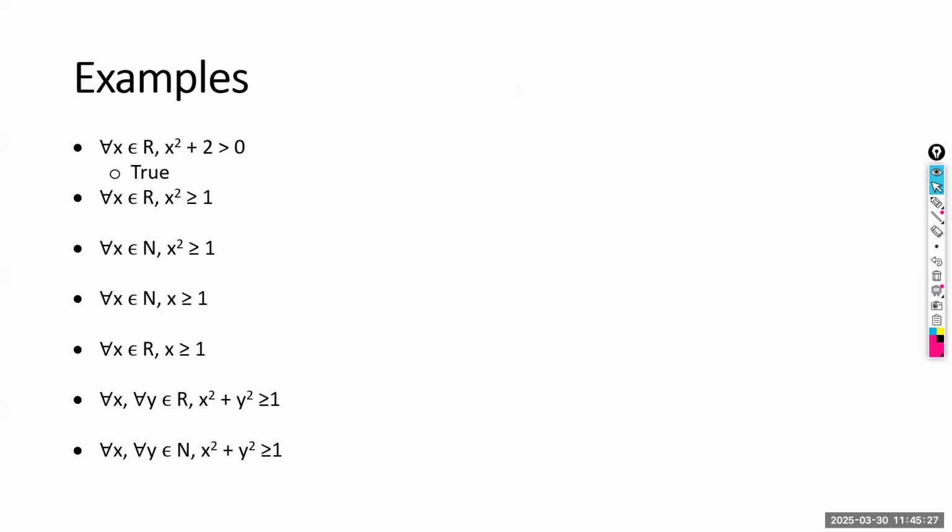When x equals 0, it is false. Yes, when x is 0, 0 squared is 0, and 0 is not greater than or equal to 1. Not only 0, something like half, right? 0.5 squared is 0.25, and 0.25 is not greater than or equal to 1. So there are an infinite number of possible values which violate this. Therefore, this is false.